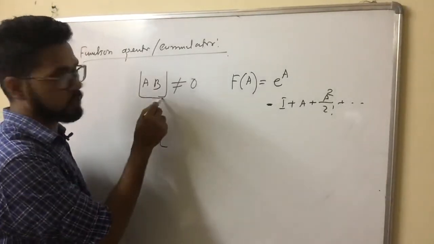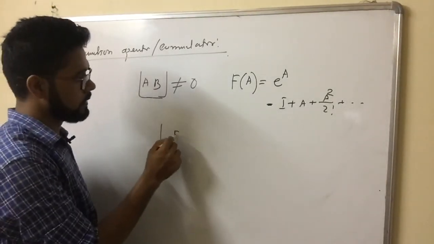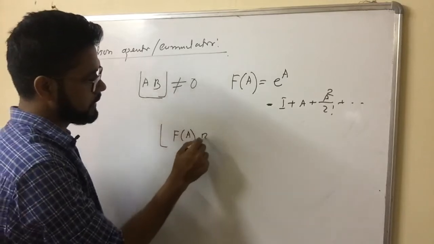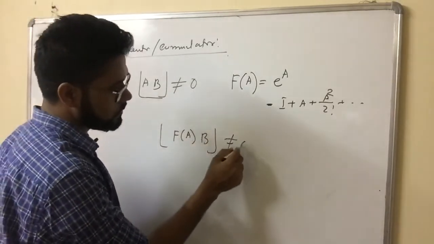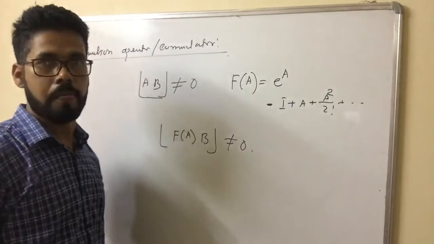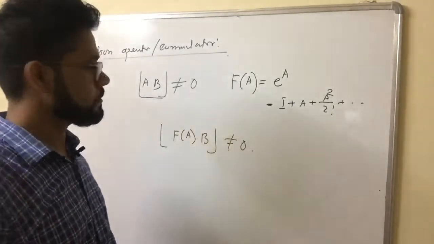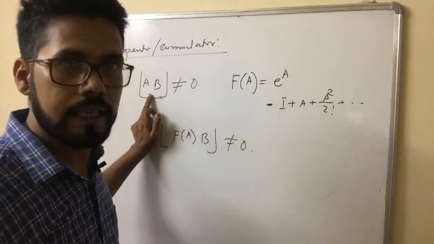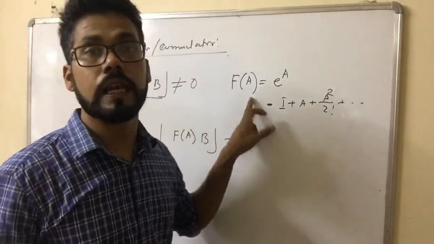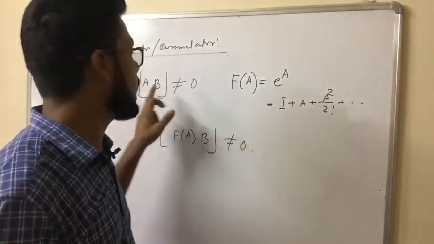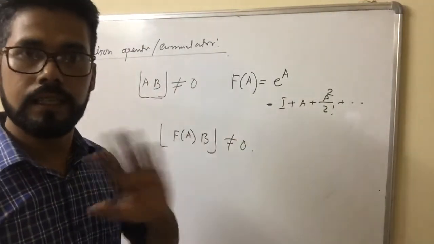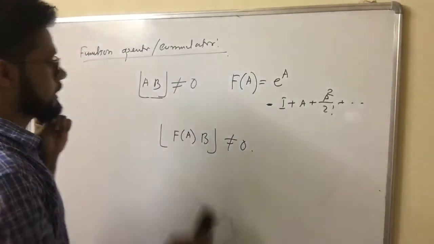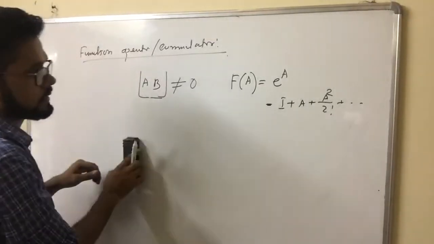If A and B do not commute, then the commutator of f(A) and B is not equal to 0. Remember. Clear? Again I am telling you, if two operators do not commute, then they also do not commute with any function that depends on either A or B.